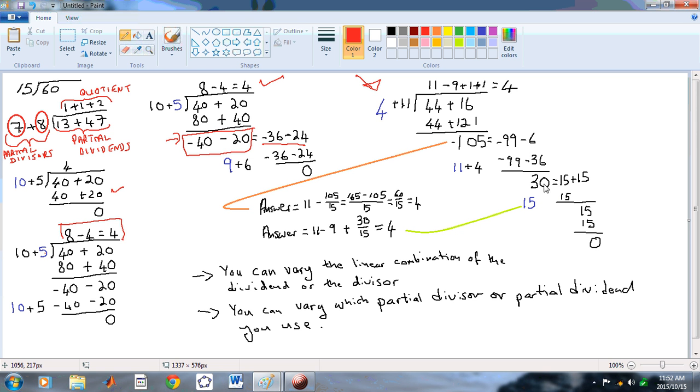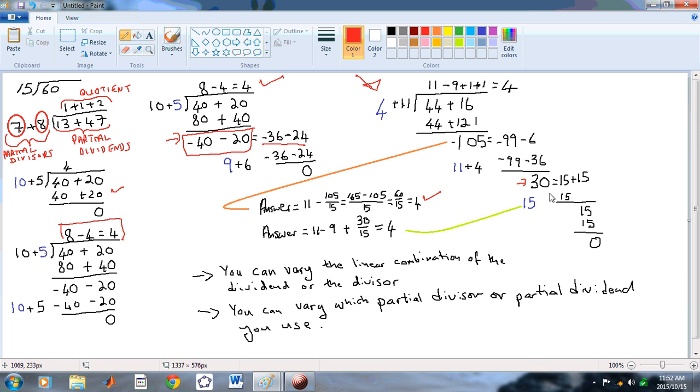I could have stopped, by the way, right here and gotten the answer. I could stop anywhere and get the answer. If I stopped right here, I'd have just 11, which is this value here, minus 105 divided by total 15. And as you can see, if you carry out the arithmetic, you're still going to get 4. But I decided to continue, and I came over here.